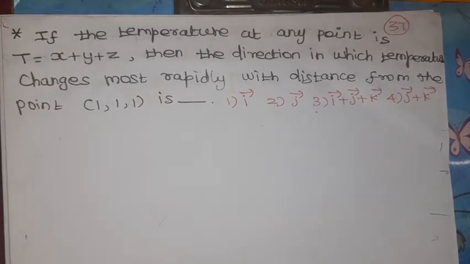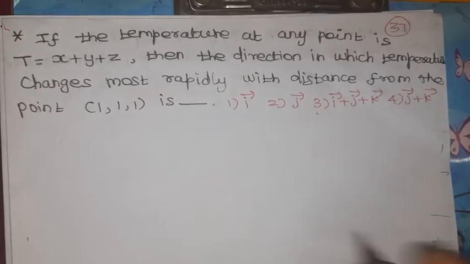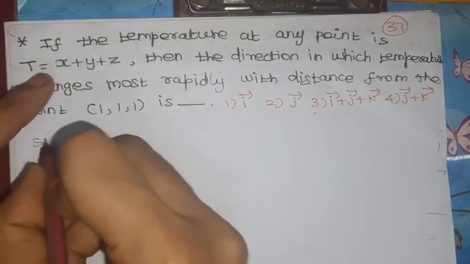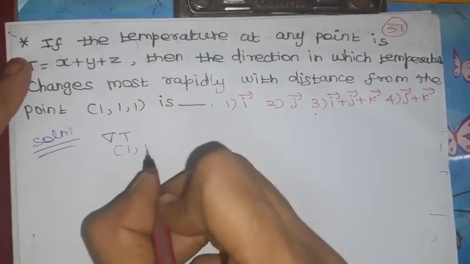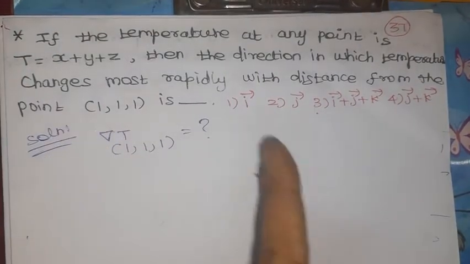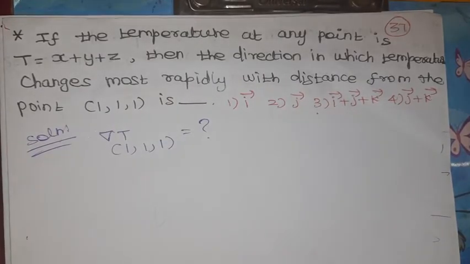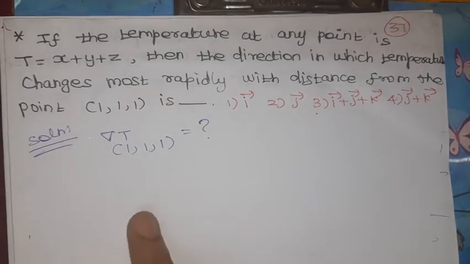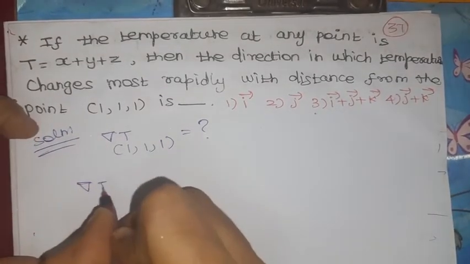Actually, in the direction of del T, T changes most rapidly. So we need to find del T at the given point. This is the question asked. The direction in which the temperature changes most rapidly with distance from the given point is nothing but del T at the given point. So find del T.